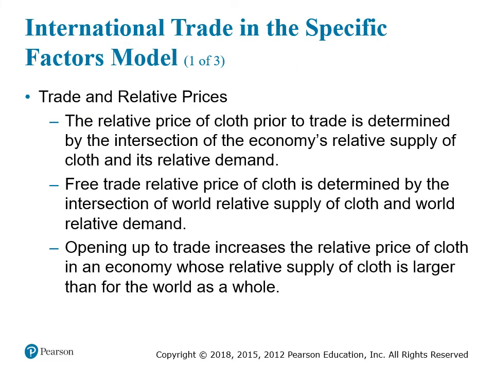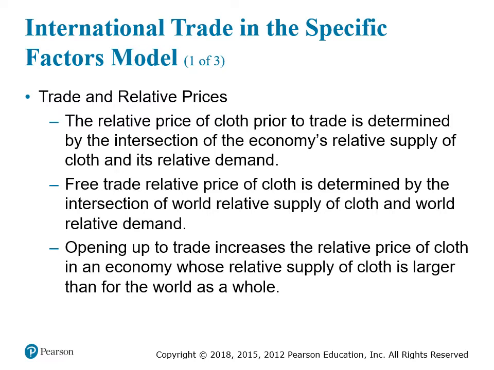Okay, so far we have been talking about the increase in the price of cloth and how that affects the distribution of income within a country. So we didn't talk about trade so far. It was only about the amount of production within each country and how that allocates the distribution of income.